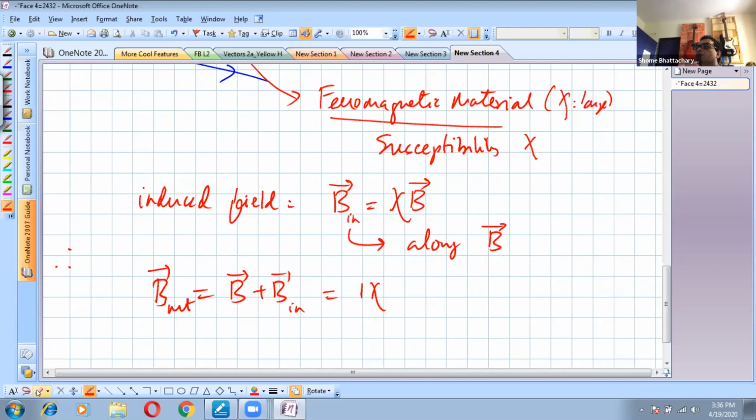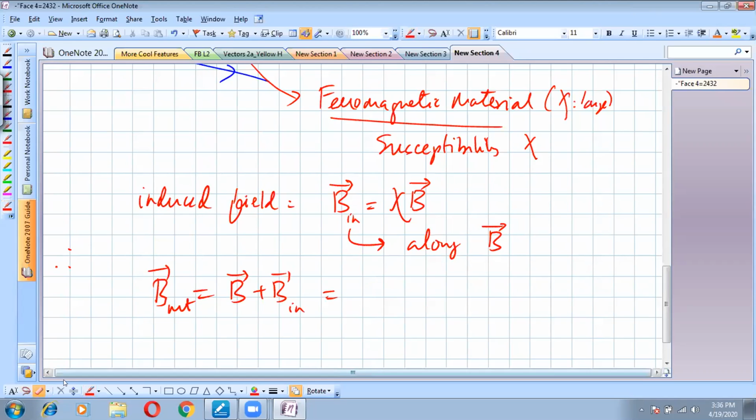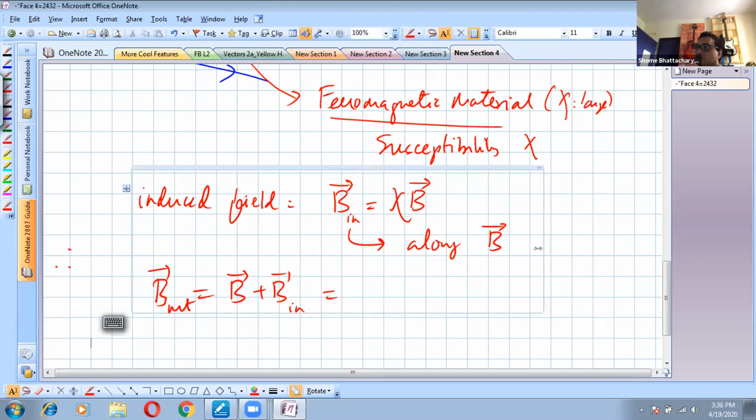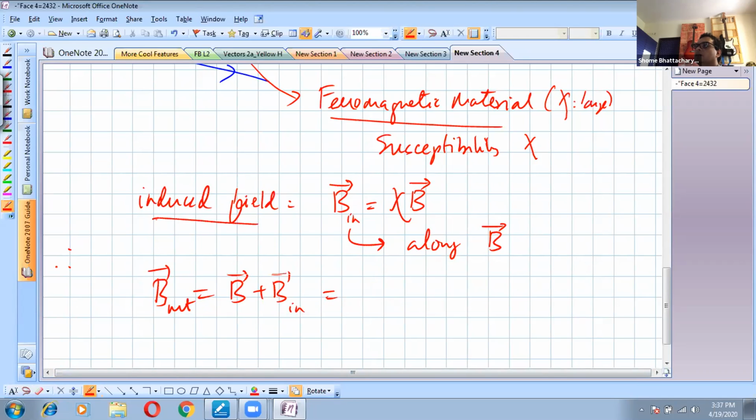Sir, your B net is internal or external? Sorry, capital B is the external, and B induced is the field induced by the realignment of the magnetic domains in the magnetic material.